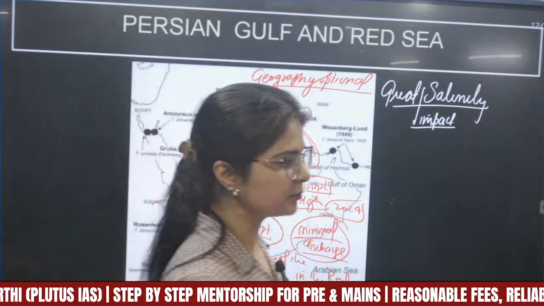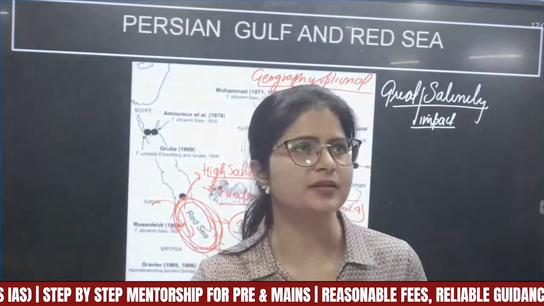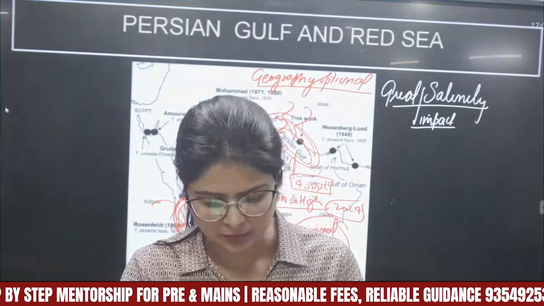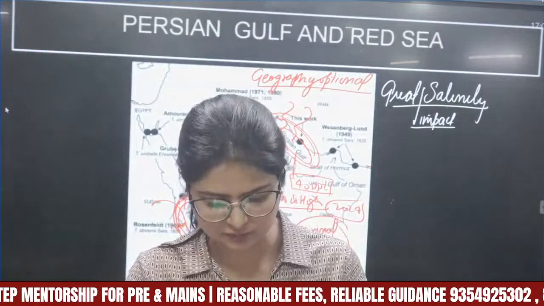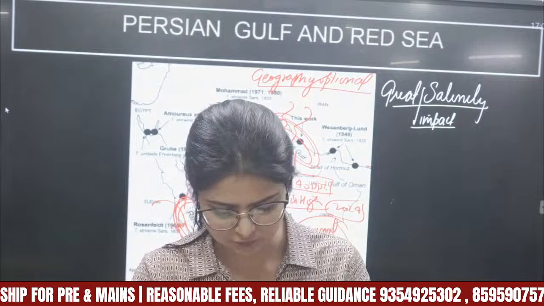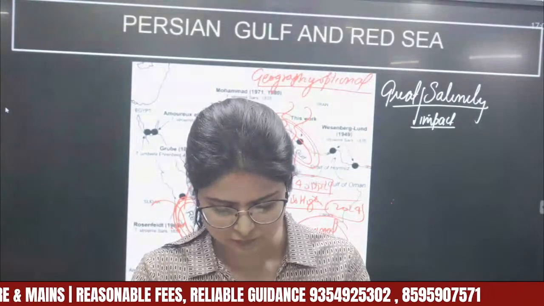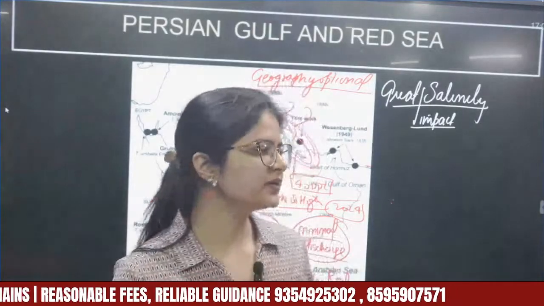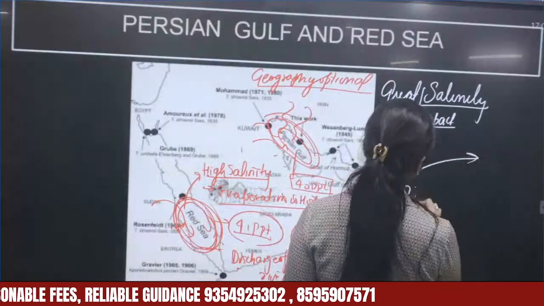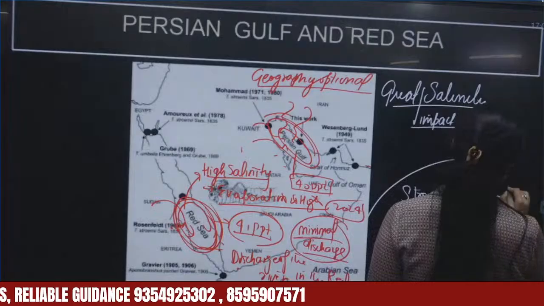Next, second sub point of this. Winds also influence salinity by affecting evaporation and water movement. If the winds are strong and dry, they will further help the evaporation process, and evaporation will increase the salinity of that particular area.